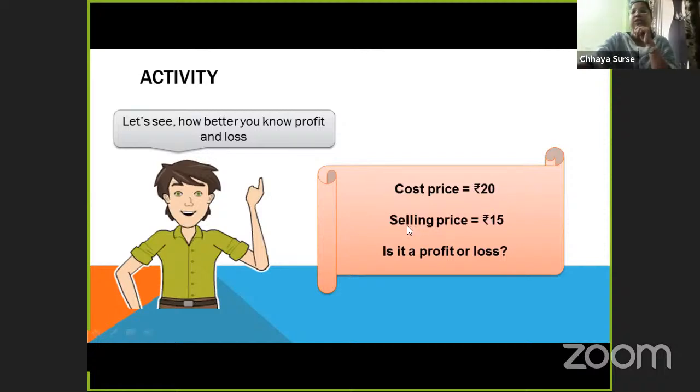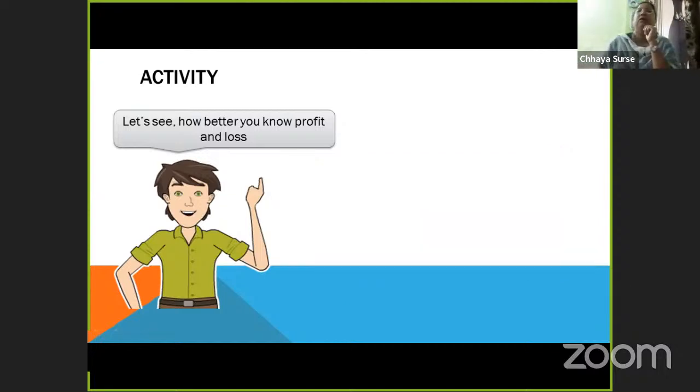It is a loss, because the selling price is less than the cost price. Very good. Next one.